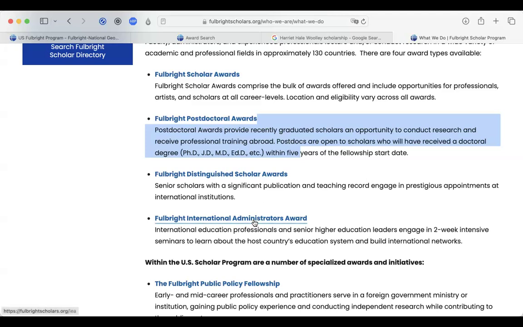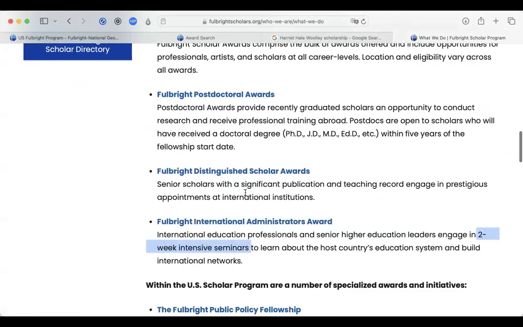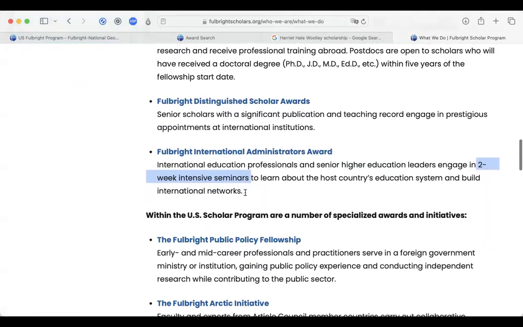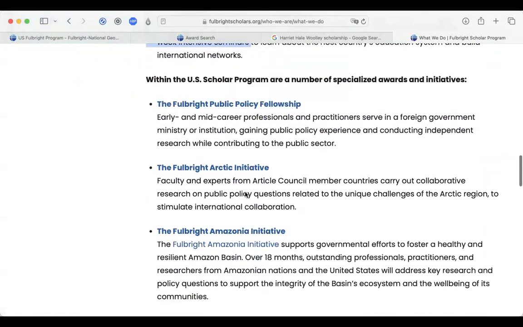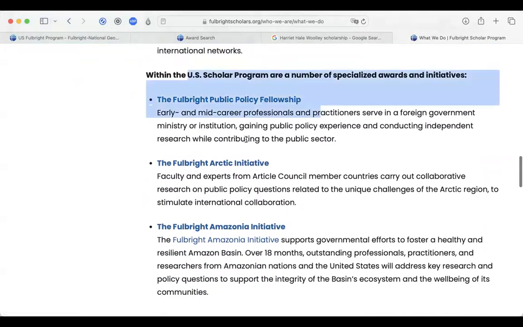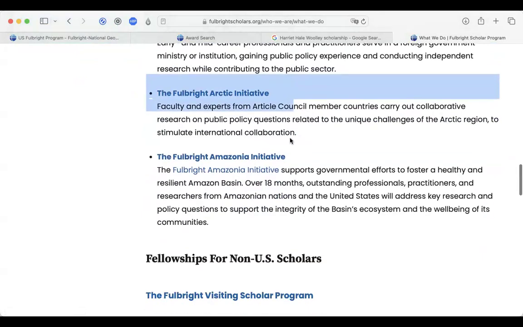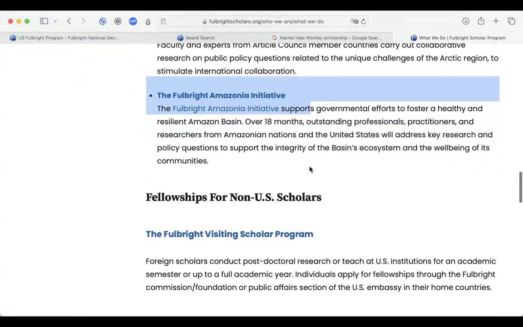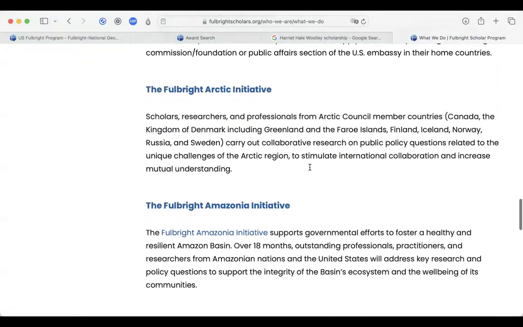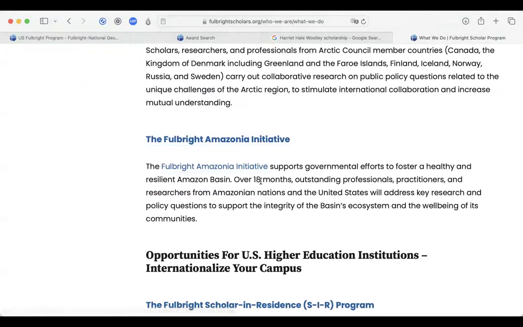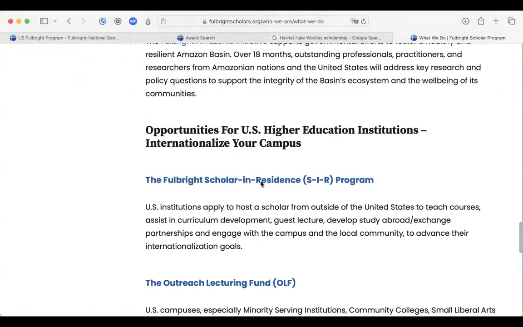Now, I mentioned the Fulbright International Administrative Awards. Those tend to be these 2-week intensive seminars here. So you can network, meet other people, share ideas. And then we have some special ones like the Public Policy Fellowship, Arctic Initiative, the Amazonia Initiative, which I think is really cool. And some of these are eligible for non-US scholars as well.